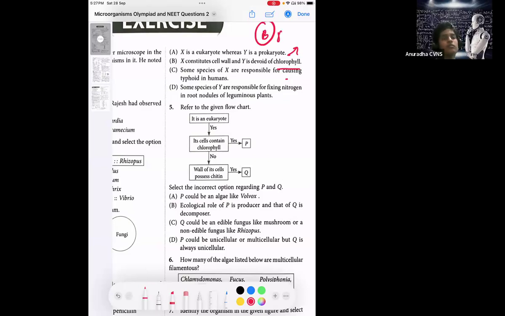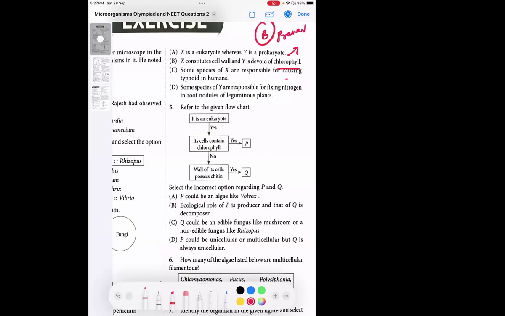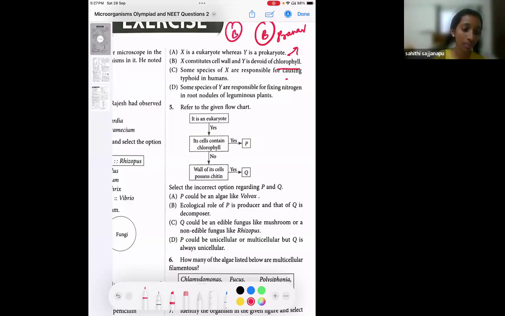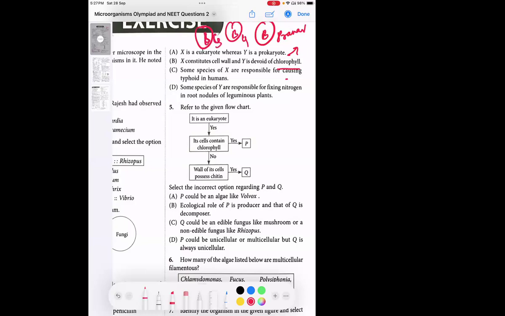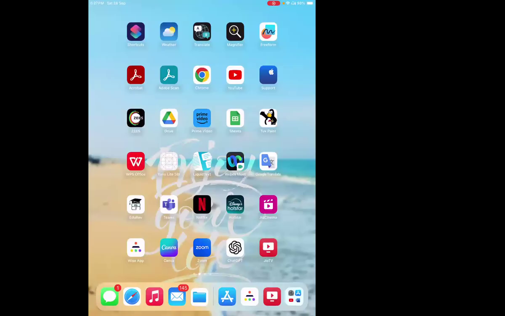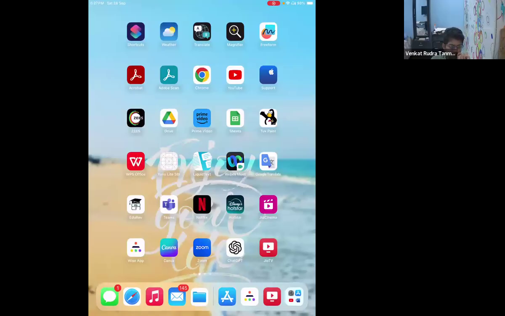Pranav, ma'am. Okay. Any other answer apart from Pranav? B? Gautam, what do you think? Sayati, what do you think? Lasya? Ma'am, I think it's B, ma'am. Sahiti is B. Gagana is A. Rudra, I am A, ma'am.